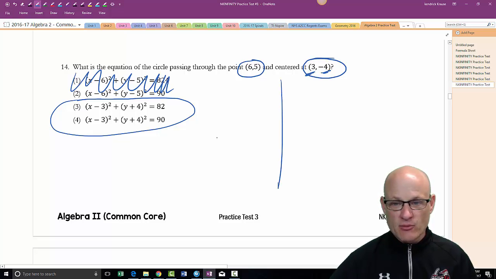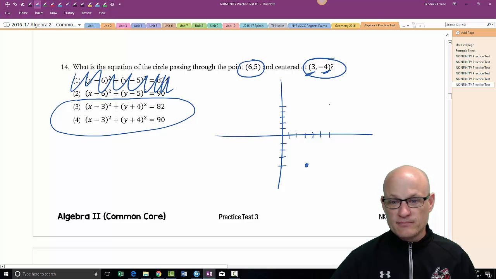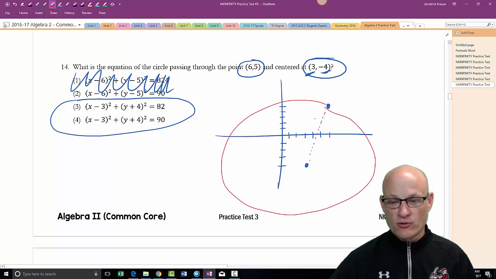The hard way is to come over here and plot this thing. 1, 2, 3, 1, 2, 3, 4. You don't really have to plot this, by the way. 3, 4, 5, 6. 1, 2, 3, 4, 5. You really just need to find that distance, because that distance is your radius. Right? Because what you've got here is a big old circle.